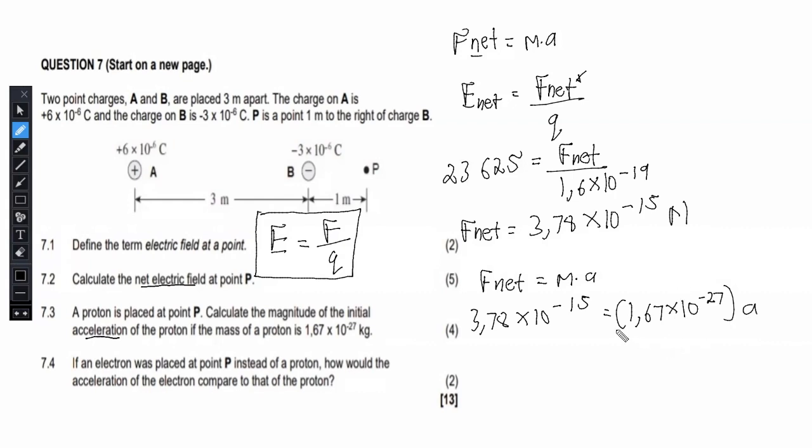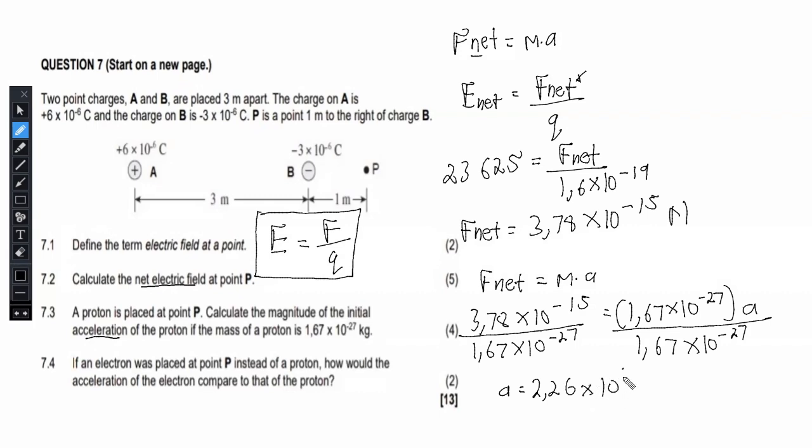If we divide both sides by 1.67 times 10 to the exponent of negative 27, and then punch that into our calculator, our acceleration will be 2.26 times 10 to the exponent of 12 meters per second squared, right? So this is basically just how you were supposed to calculate that question.